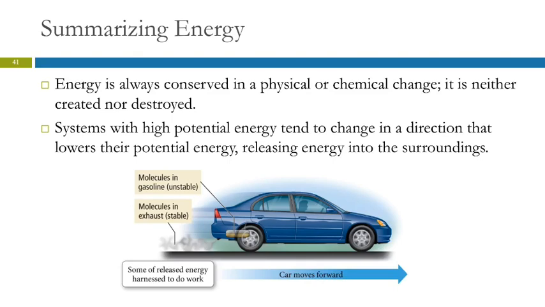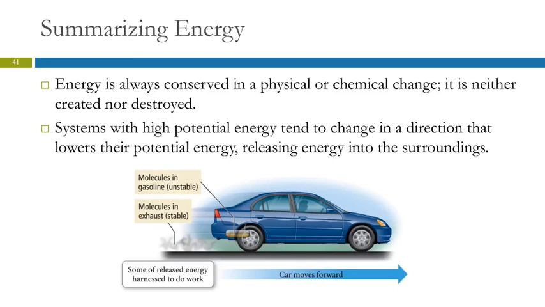When you ignite that in the presence of oxygen, it explodes, releasing its stored chemical potential energy. The engine in your car uses that transformation, takes that energy and translates it into movement of your car. So we take the chemical potential energy in the gasoline and we convert it into forward motion of the car.